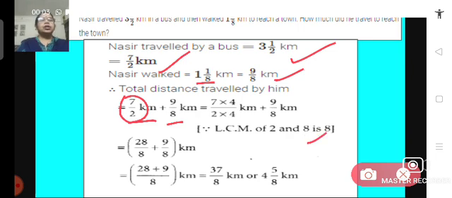So what do we get? We get 28/8 plus 9/8. When we do the addition, what do we get? We get 37/8 kilometers, which can be converted into mixed fraction. What do we get? 4 5/8 kilometers as the total distance he travelled.